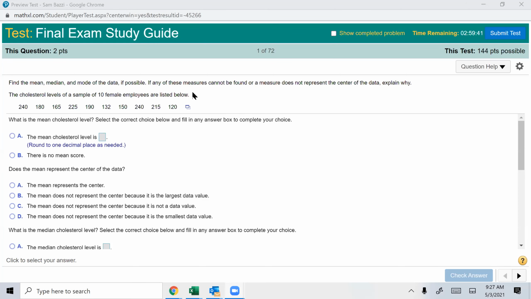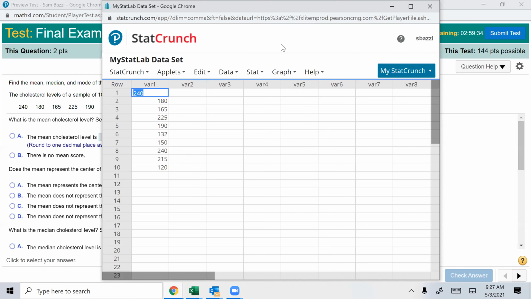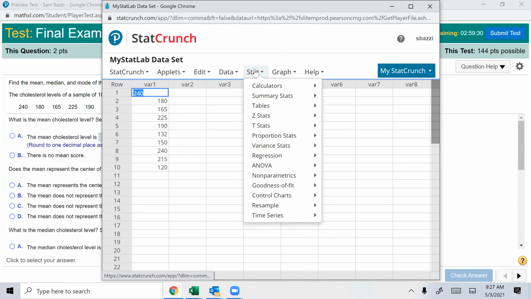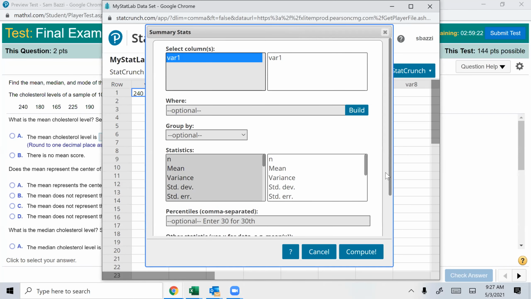All right, so the first question, you just click here and it opens in StatCrunch, and then you can go to stat, summary statistics, columns, variable 1, and you just hit compute.